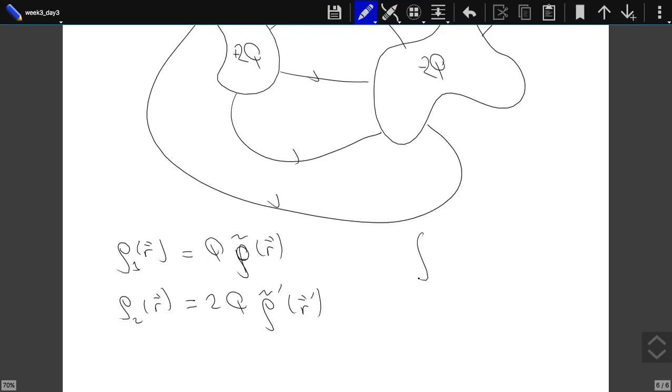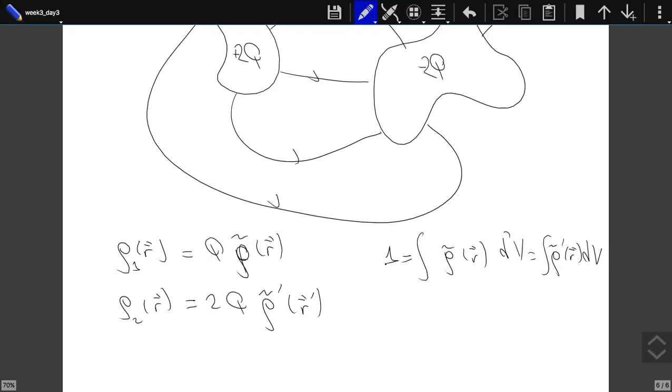I'm just changing the normalization of rho such that rho tilde of R integrated over all of volume is equal to rho tilde prime of R integrated over the whole volume, and these are just 1. The total charge is Q, so I just factor it out, Q and 2Q, but the integral of rho tilde and rho tilde prime is 1, so that we get the total charge.